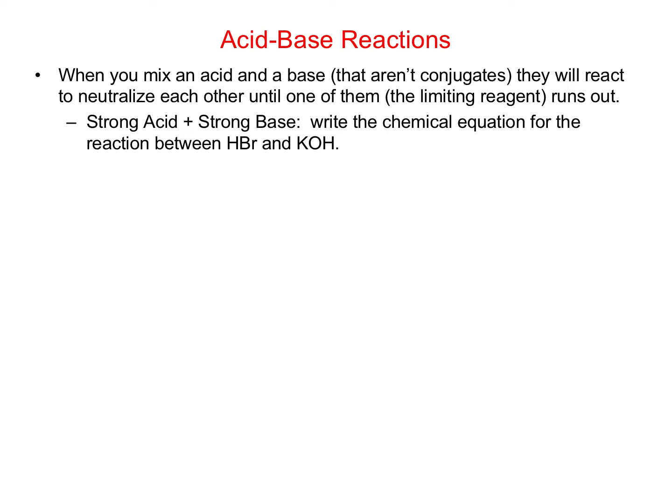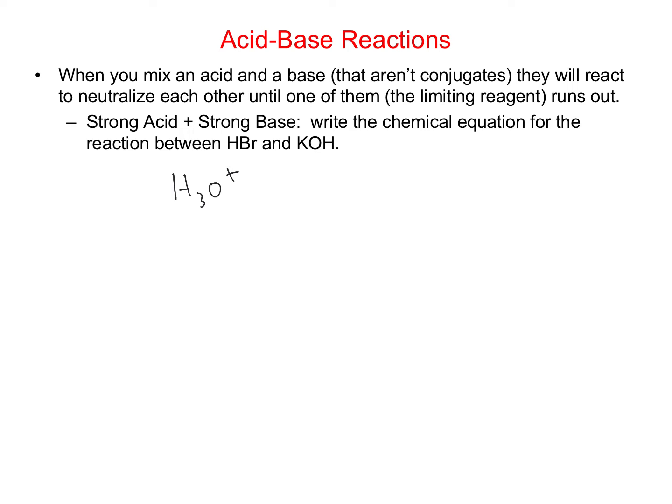So the reaction that I would write for this, rather than using HBr, since that's a strong acid, I would use H3O+. And then for the potassium hydroxide, the KOH, again, that's an ionic compound that's soluble in water. It's going to completely dissociate, so we're going to have K+ ions and OH- ions. Well, the K+ ions aren't going to be doing anything.